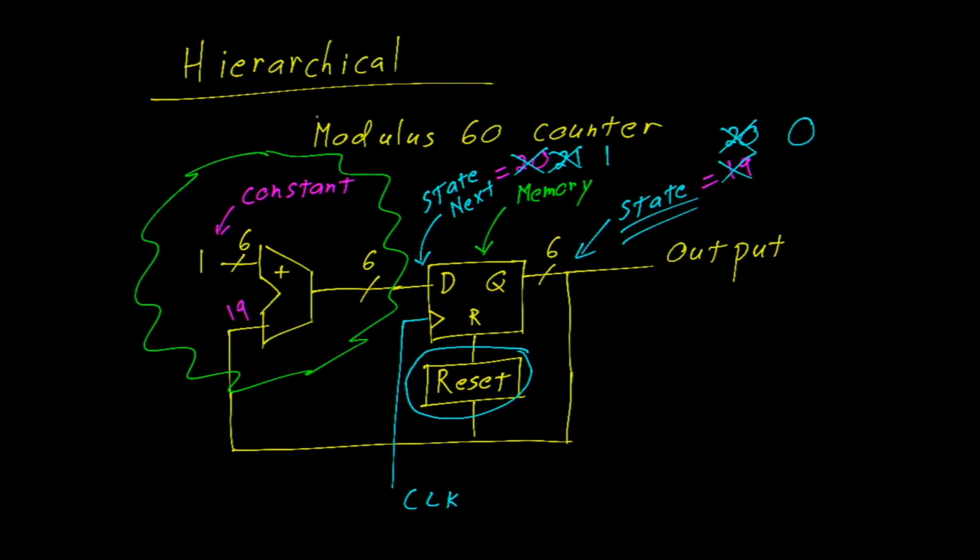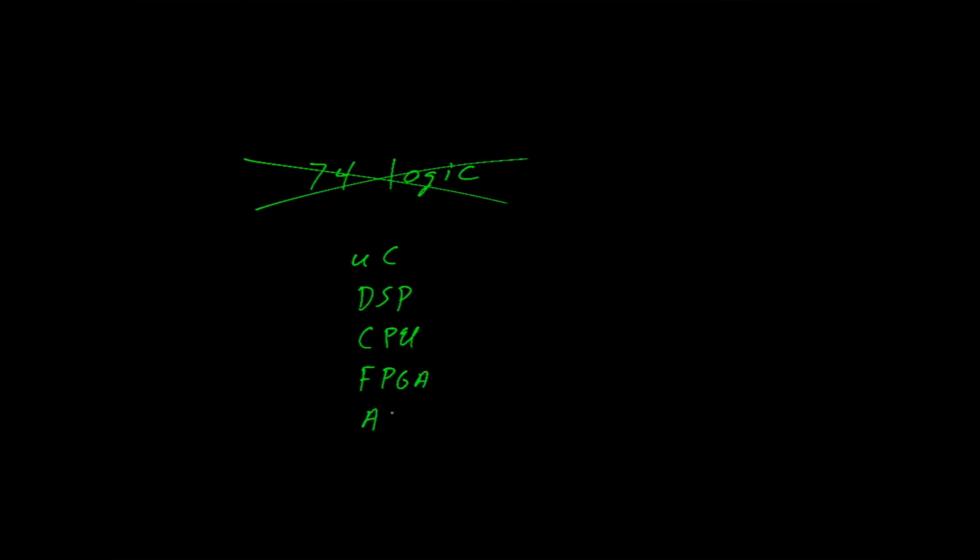One last comment about the hierarchical design and the fact that we've just described a logic circuit with 60 states. Few of us are going to build that using 74 series logic chips. Instead, you'll perform these functions using microcontrollers, digital signal processors, maybe a CPU itself, FPGA, maybe even ASICs.